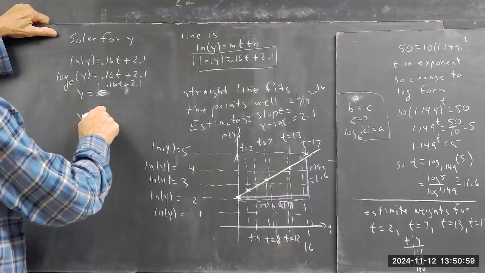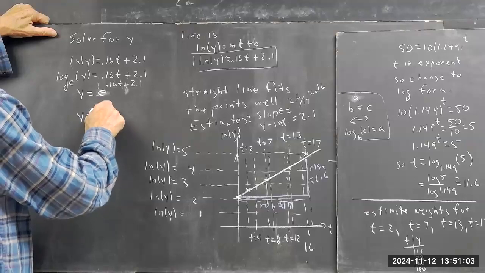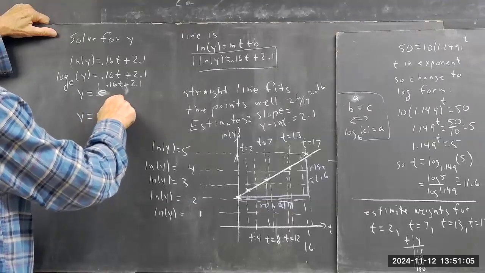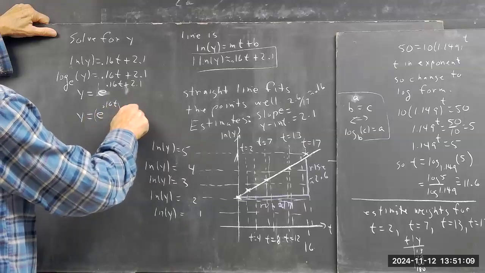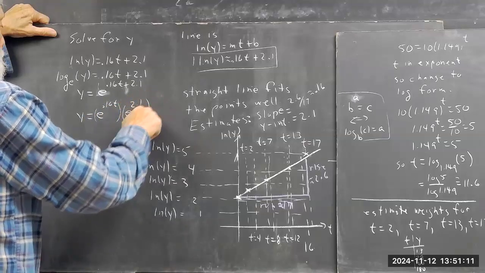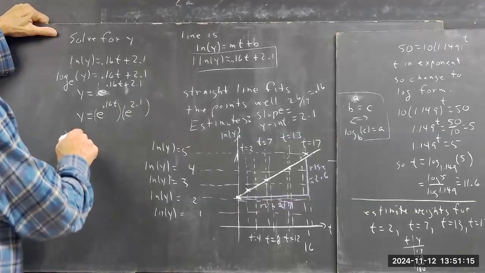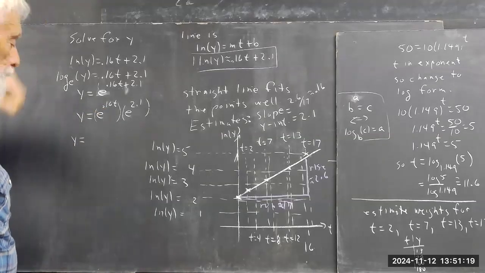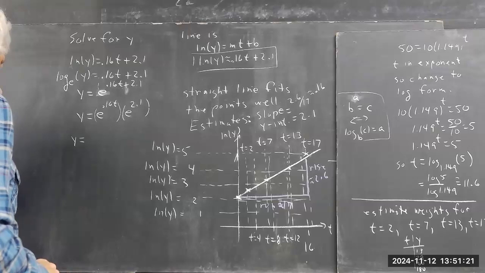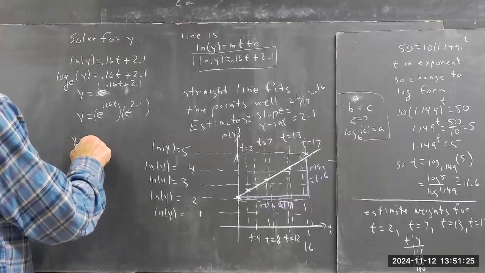So y equals e to the 0.16t times e to the 2.1. e to the 0.16 is pretty close to 1.17.